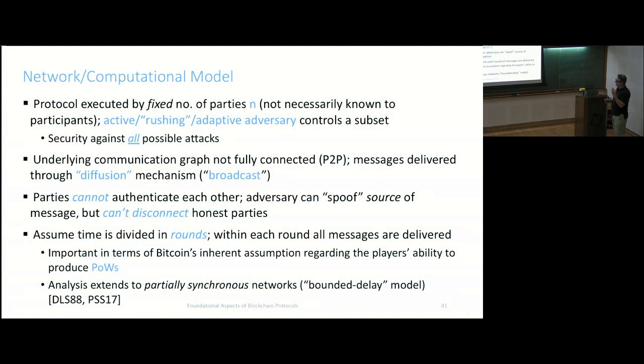This synchrony notion is relevant if you're going to be using proofs of work, so time has more meaning than in other contexts, because there's a notion of limited stuff that you can do in a certain amount of time.